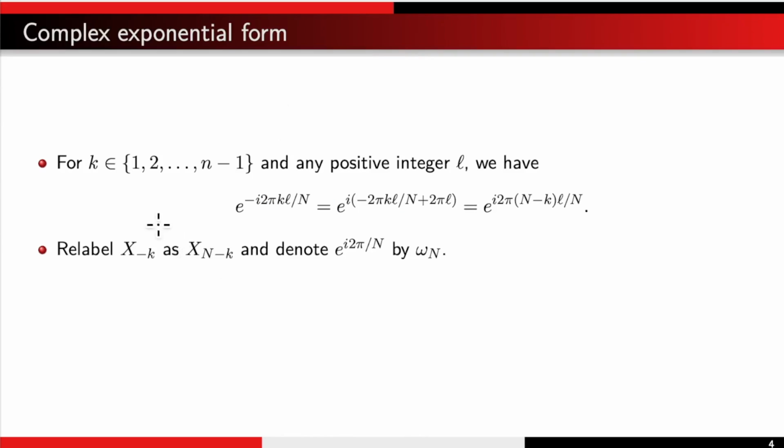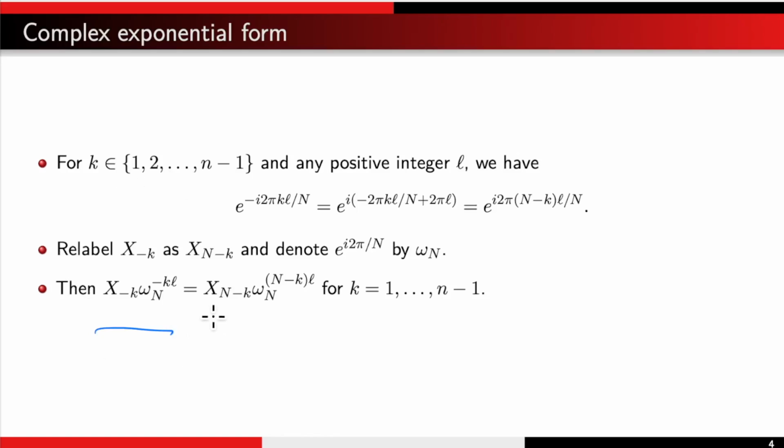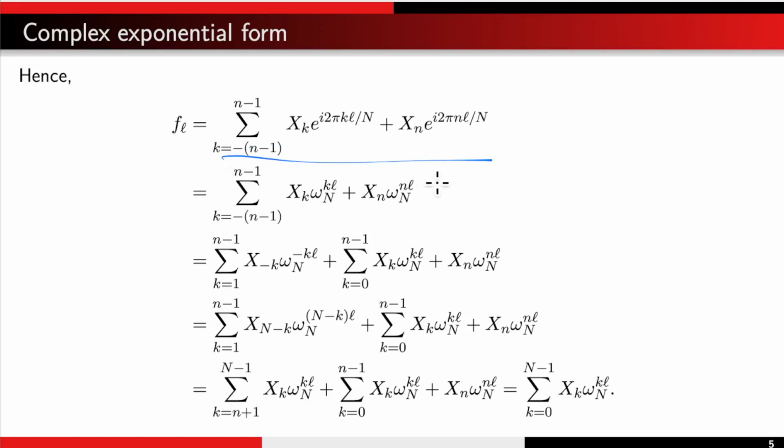And now we're going to label x sub negative k as x sub N minus k, and we denote e to the i 2 pi divided by capital N by omega sub capital N. And with these pieces of notation, this product here can be rewritten as this. And so if we go back to the expression for fl, which is here, we can replace these with the omega notation.